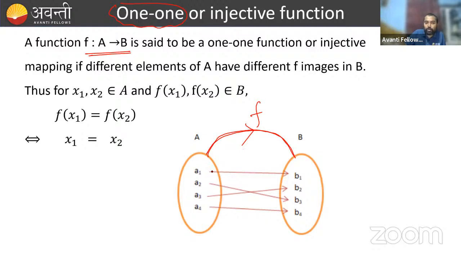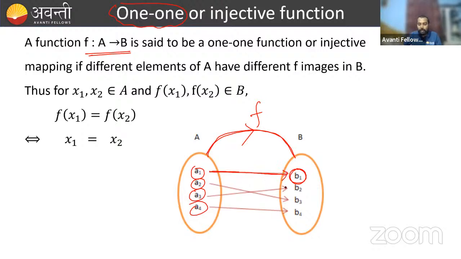In the figure, a1, a2, a3, a4 are the elements of set A. So b1 is the image of a1.